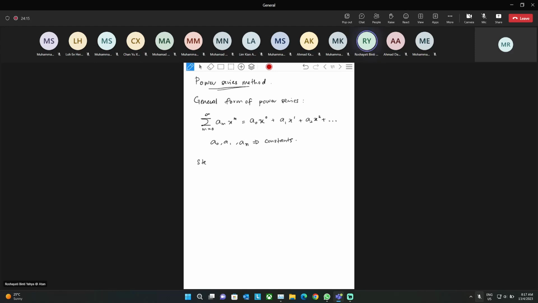So for the steps, the solution of the differential equation is in the form of y equal to summation of a_m x^m. So your solution will be in y form.